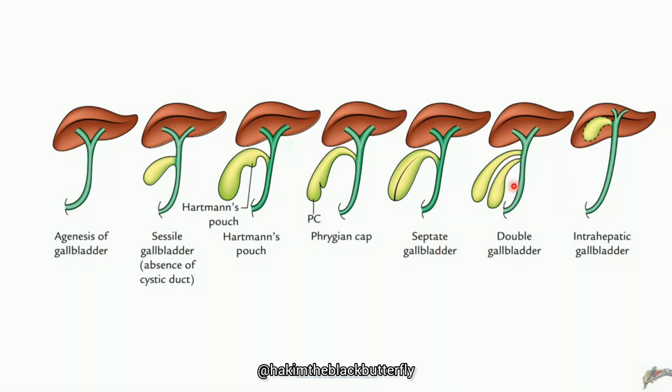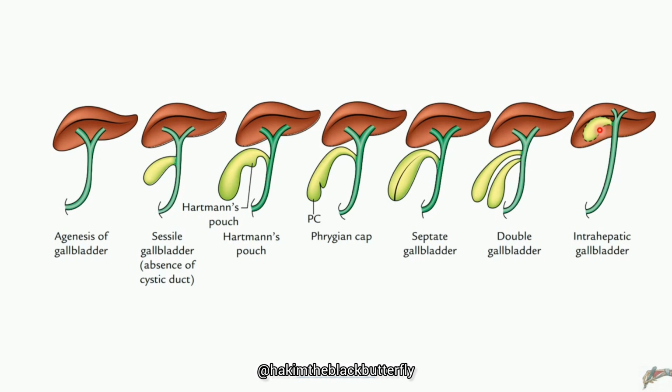It's possible for the gallbladder to be within the liver. We know that the gallbladder is just supposed to be within the fossa, situated on the inferior surface of the right lobe. But in some abnormal cases, it can be found within the liver.